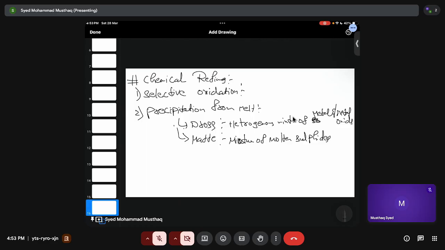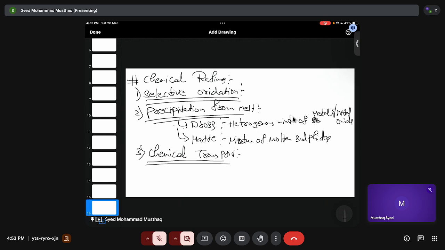The next one is the chemical transport. In chemical transport, you are trying to take one compound from another, right? You are moving something, and moving means something needs to be volatile or liquid and separated.